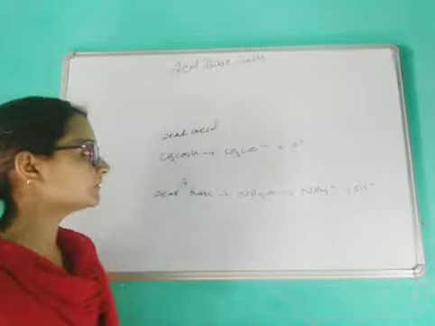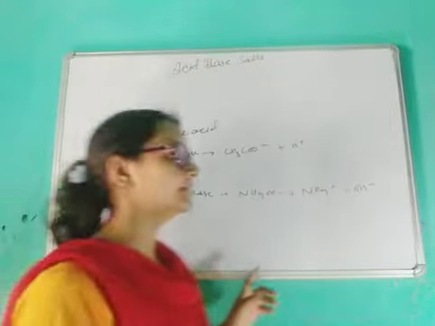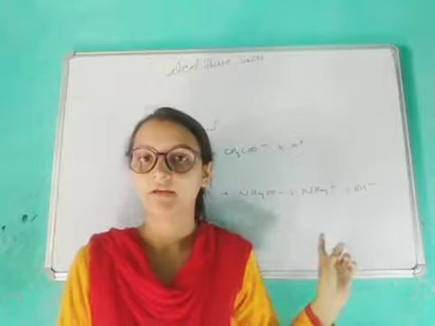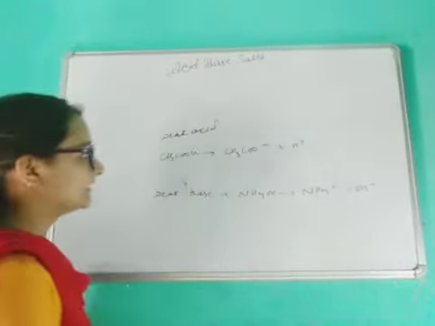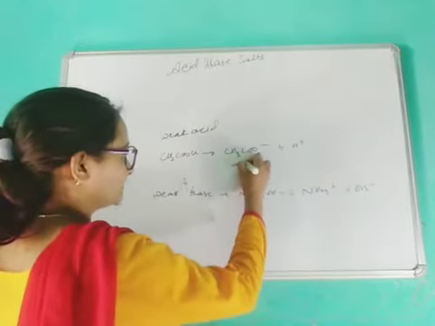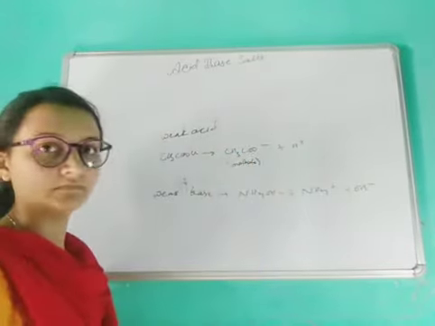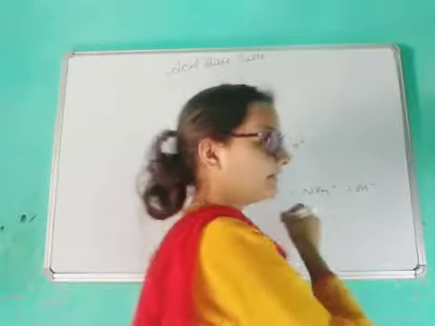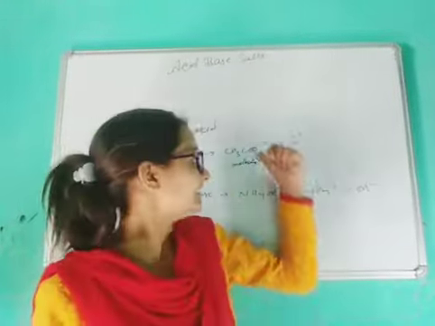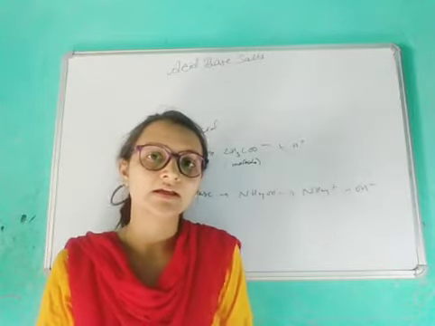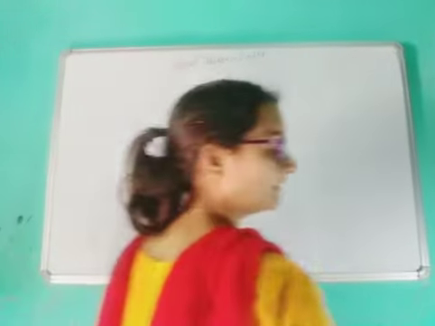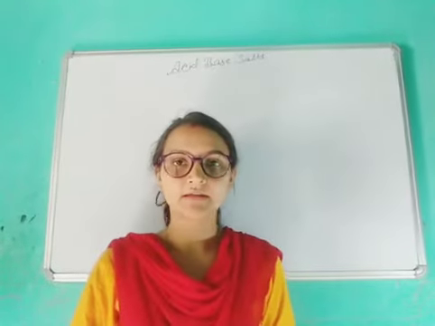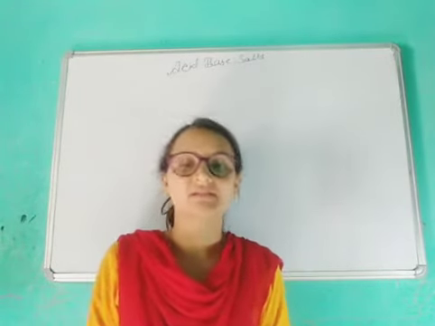Here in a strong acid or strong base, there will be mostly ions, but here there will be molecules as well. It gives ions, but on the other side it will also leave a large molecule. That's why it is called weak acid or weak base. They do not dissociate completely; they leave behind the molecules as well.